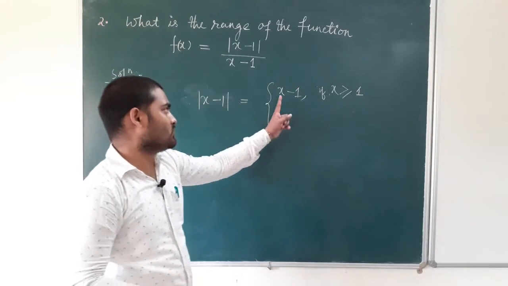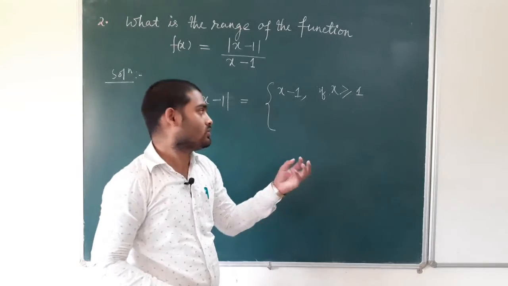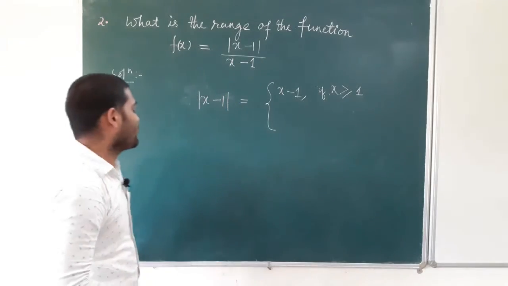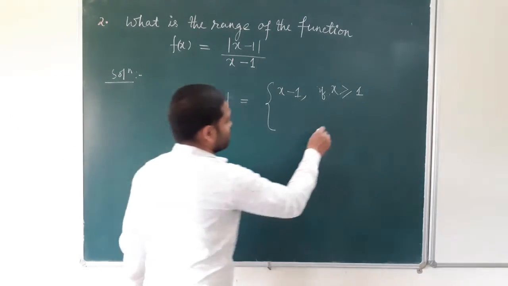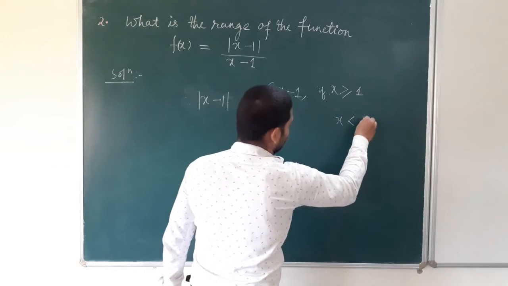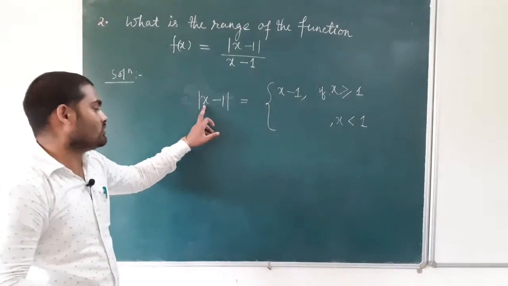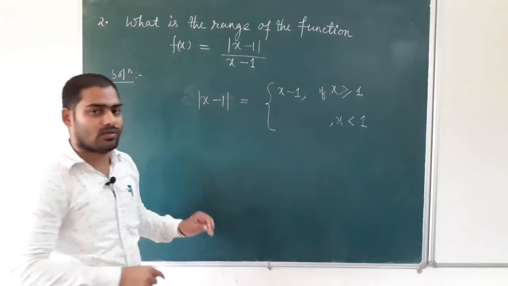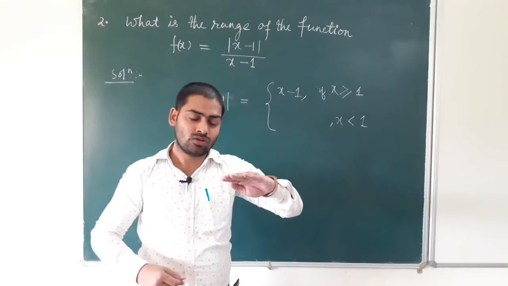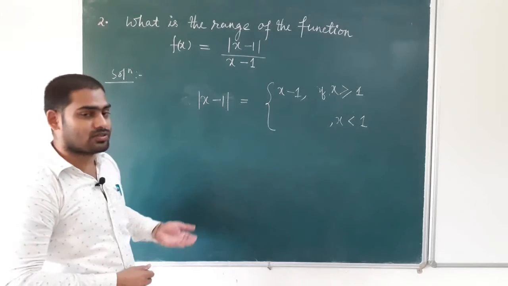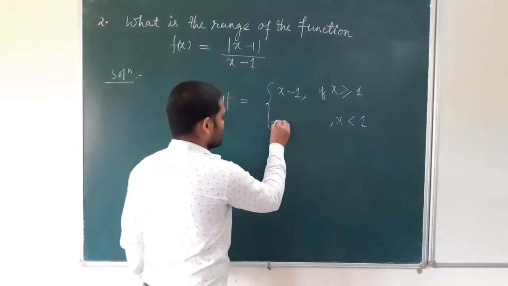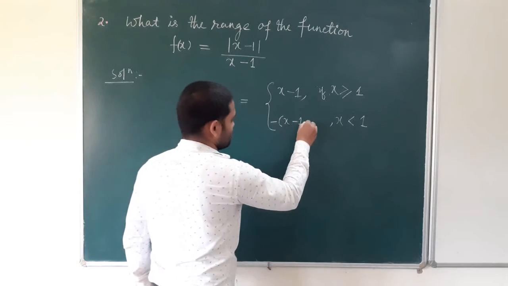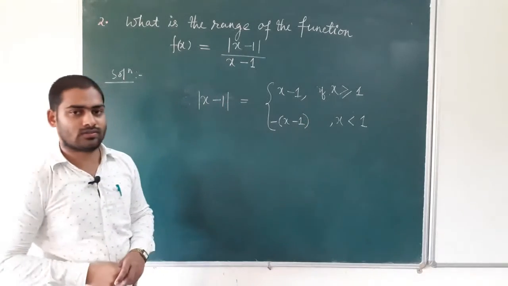If you put 1 here, 1 minus 1 is 0. If 2, then you get a positive value. Now if x is less than 1, then this inside value is negative. So to get the absolute value, we have to give a negative sign before it.